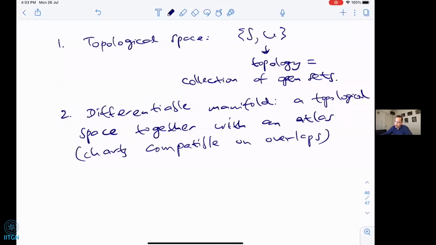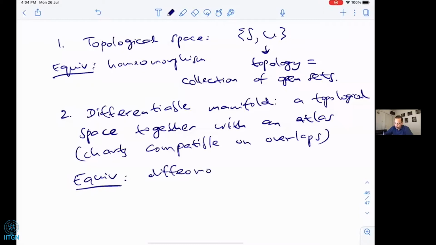Okay, and now equivalence of topological spaces. Topological spaces came with a concept of equivalence among them, which was called homeomorphism. And today we will discuss equivalence between differentiable manifolds, and it will be called diffeomorphism.